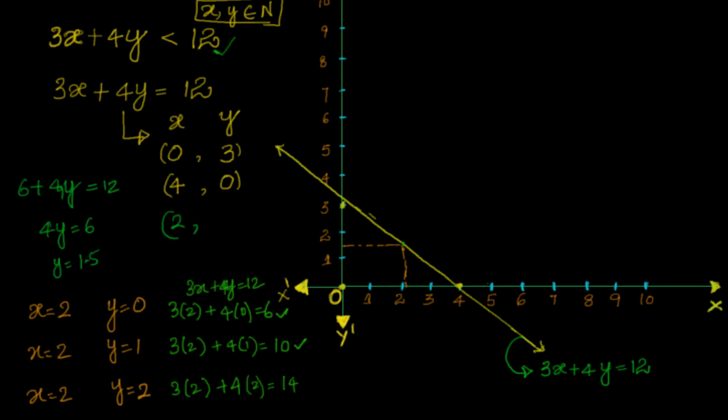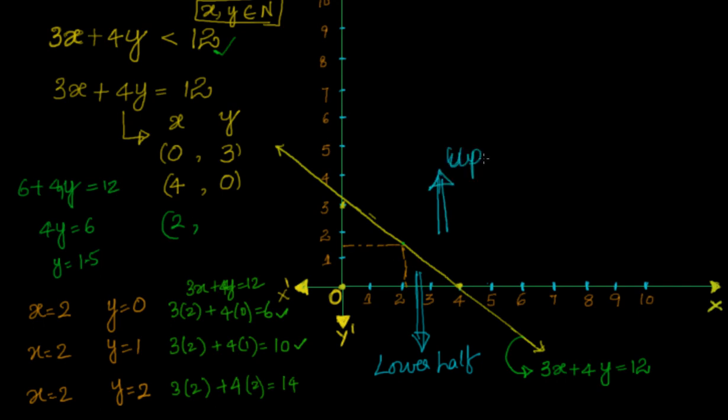Now you can see very clearly that all these points are in the lower half of the plane. So whenever you draw a straight line, it divides the Cartesian plane into two. One is the lower half, another is the upper half. So this is the upper half.